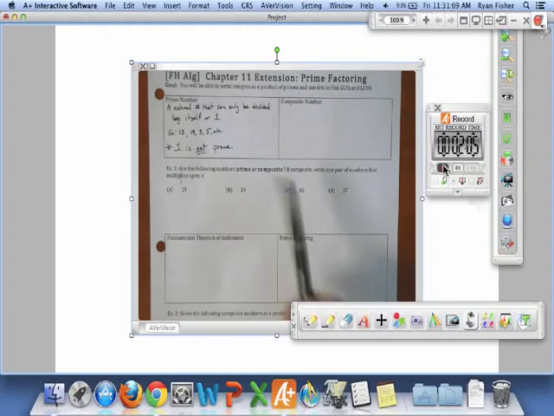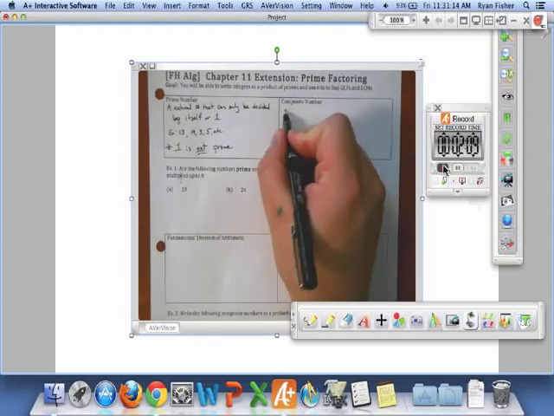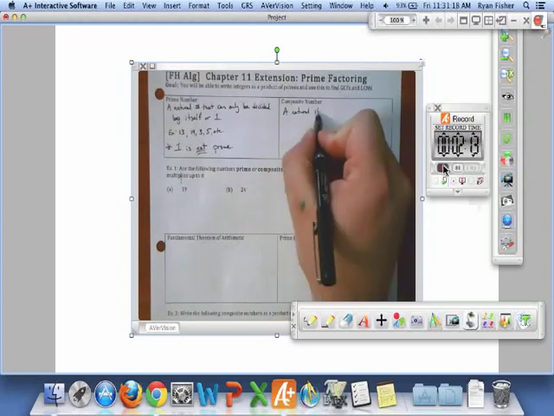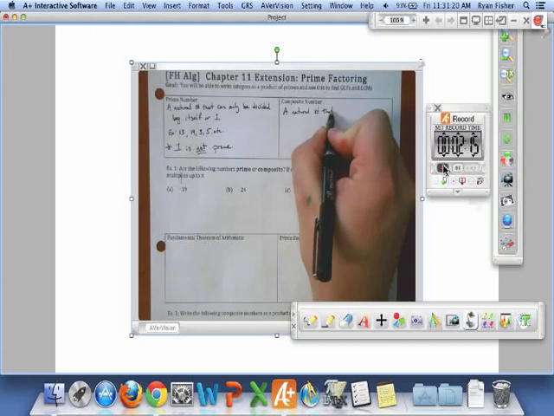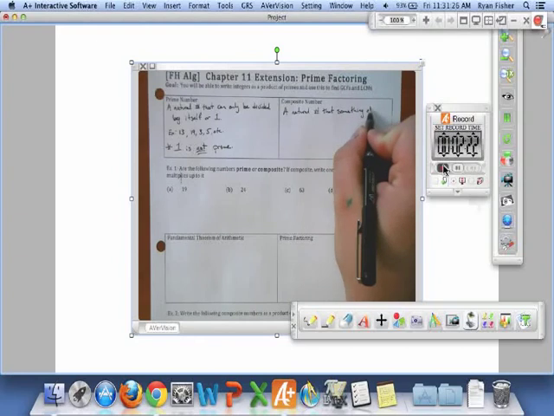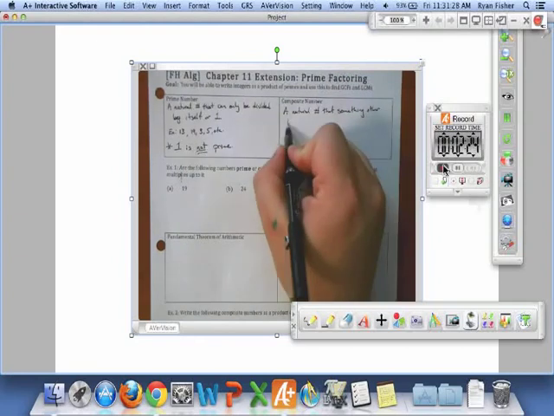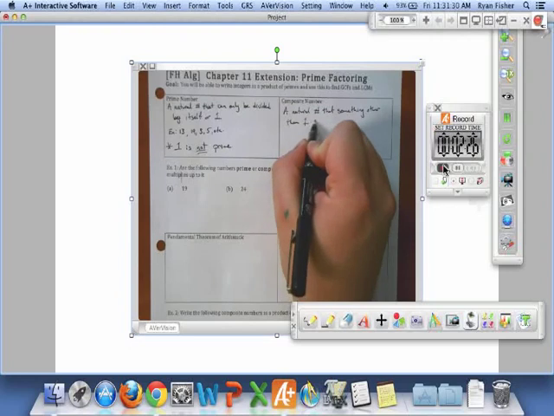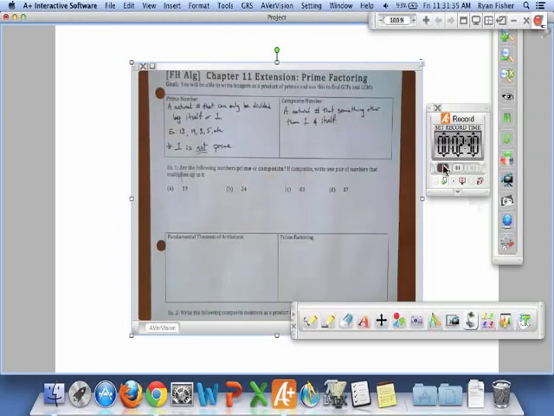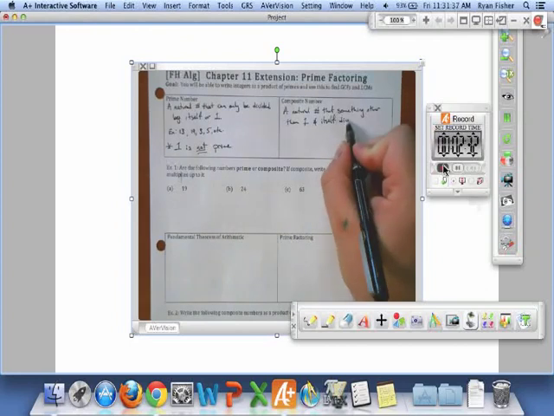Okay, so those are primes. What do you think composites are, Riley? Numbers that two numbers can multiply to. A natural number that has something other than 1 and itself that divides into it evenly.